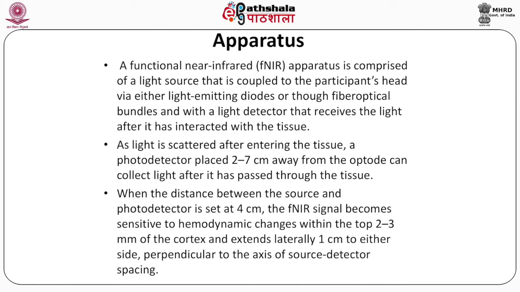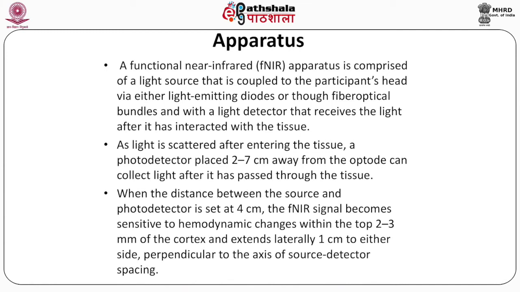So there are two probes, one is the light emitting diode or the fiber optical bundles, and the other is the light detector that detects the light after it has interacted with the tissues. It detects the change in wavelength, and according to the change in wavelength of the emitted light, we detect the oxyhemoglobin or deoxyhemoglobin present in the blood, and after that we can infer the rate of the blood flow or the amount of the blood flow and the volume.